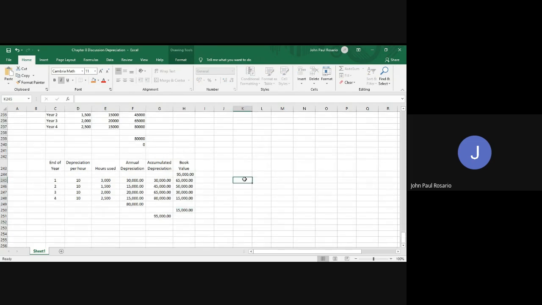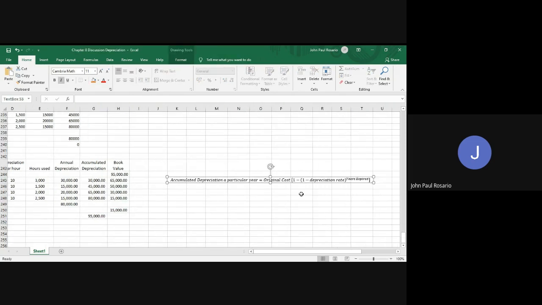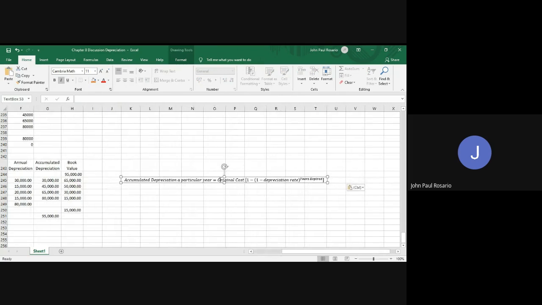For your accumulated depreciation for a particular year, you multiply the depreciation rate per unit by the total number of units produced.